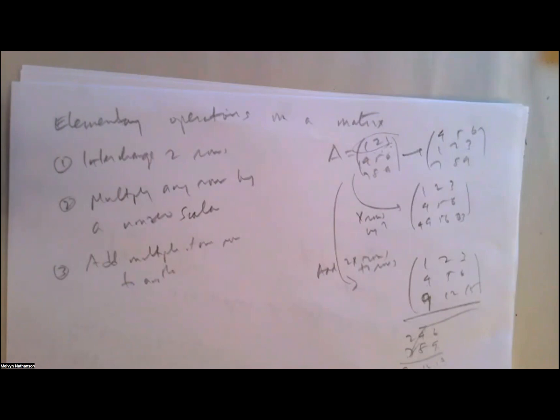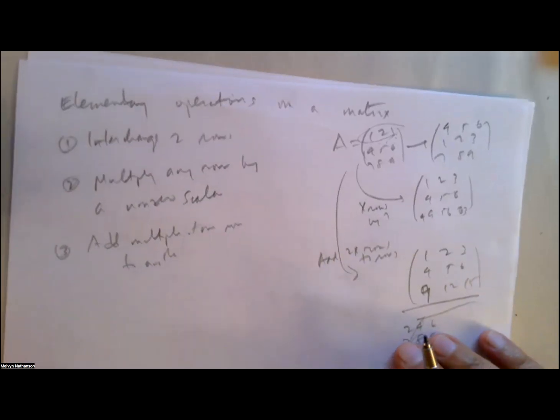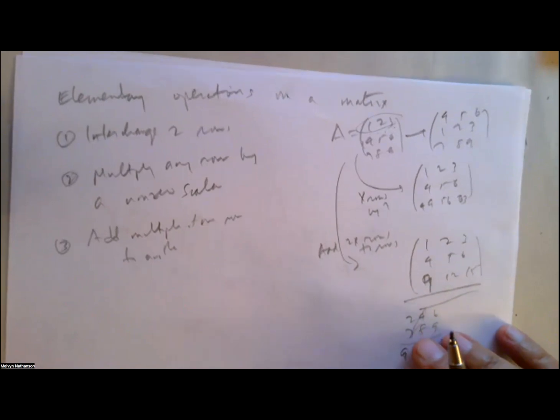Alternatively, I could take my system of equations, write it in matrix form, carry out the corresponding operations on the rows of the matrix, and I end up with the same matrix in both cases. That is the crux of the matter.